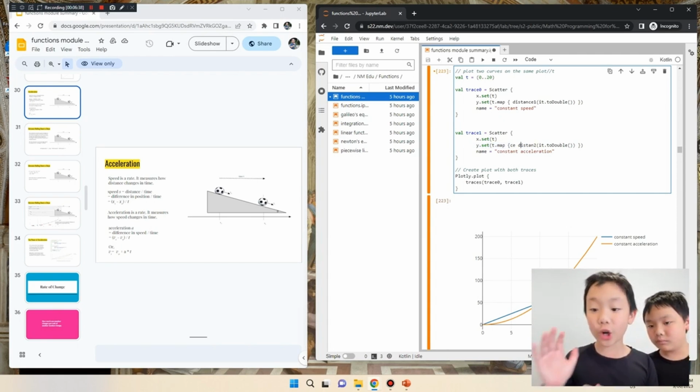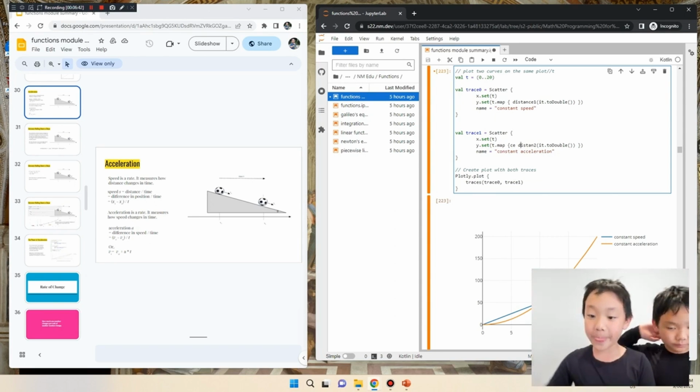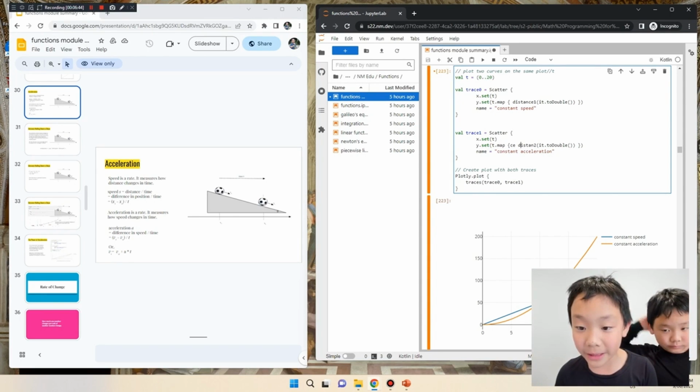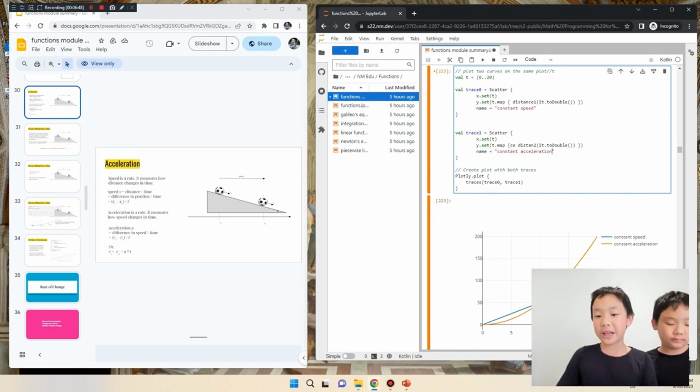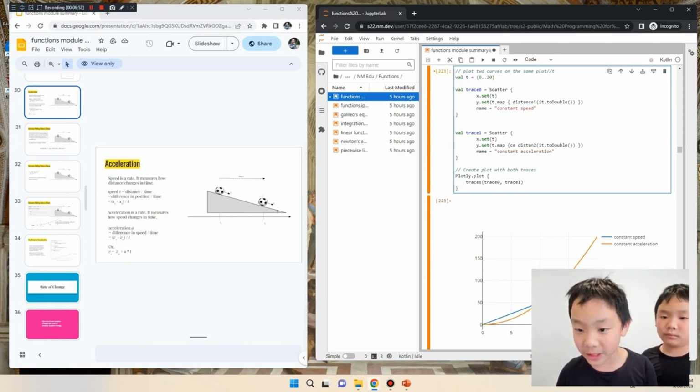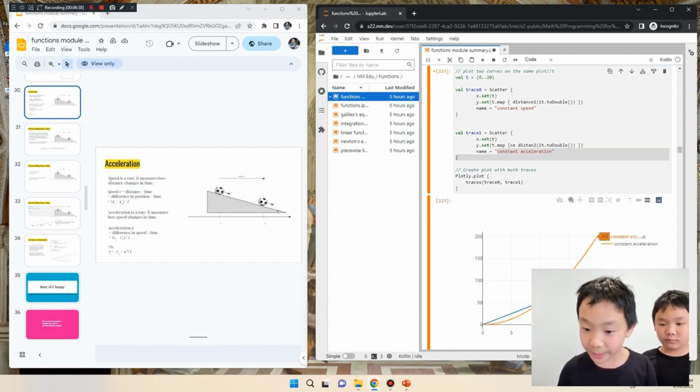The distance 2 function is the constant acceleration function, so it's constantly accelerating up. And then these functions here are the name functions. They just name it. So constant speed is the blue one, the slow one, and constant acceleration is the orange one going up.